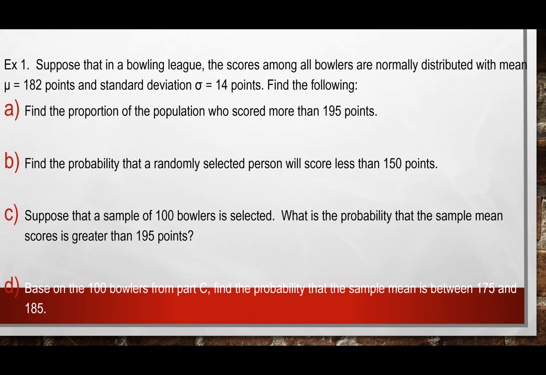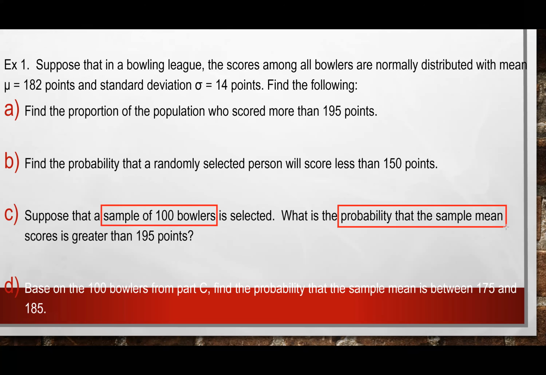So looking at this, we know that they asked us for the probability of more than, probability of less than, probability in between. The one thing that you should spot is the difference between A, B versus C: in C, they give you a sample, and they ask you for the probability of the sample mean.